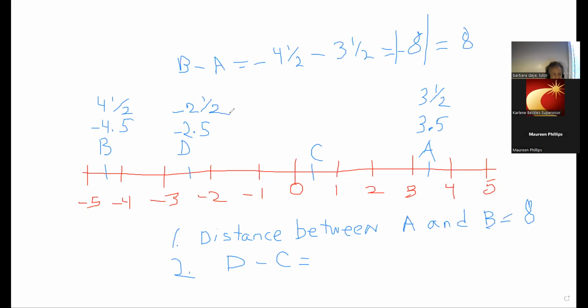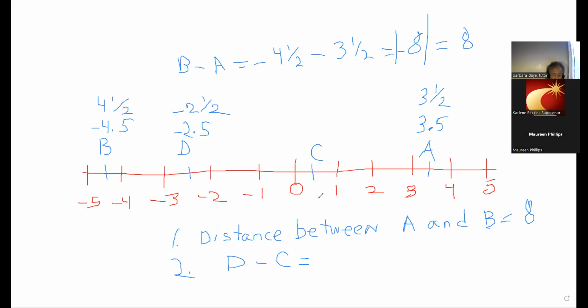Okay, now what's the value of C? 1.5? No, it's between 0 and 1. It can't be greater than 1. What's the value of C? Between 0 and 1. Greater than 0, less than 1.